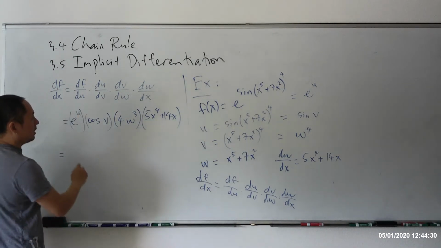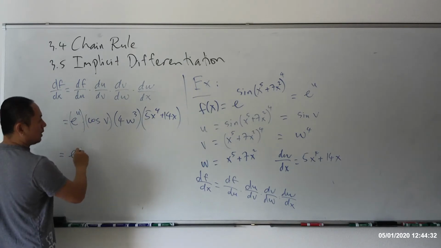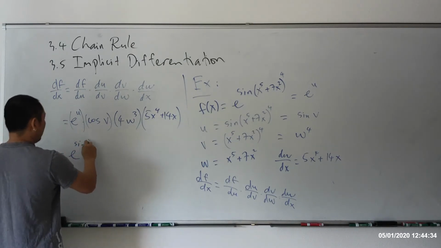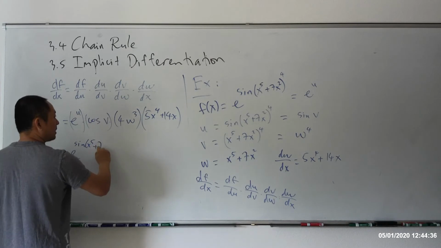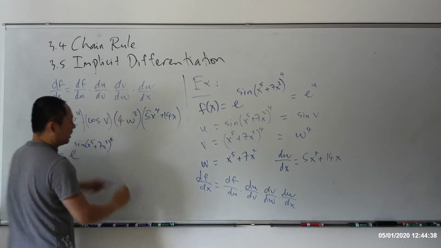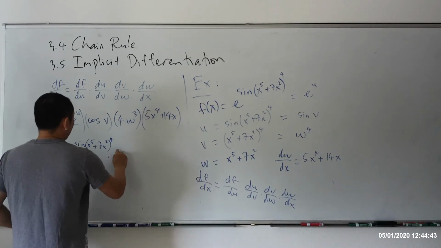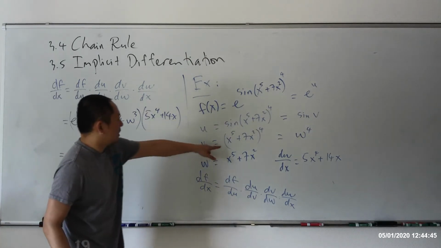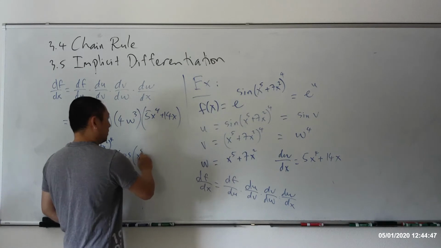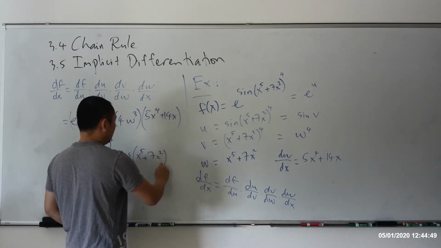E to the u is e to the sine of x to the fifth plus 7x squared, everything raised to the fourth, because my u is that much. I'll replace this, right? And then times cosine of v. What is v? Cosine of x to the fifth plus 7x squared raised to the 4.